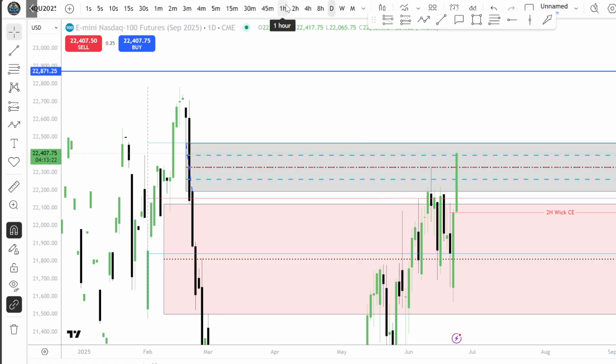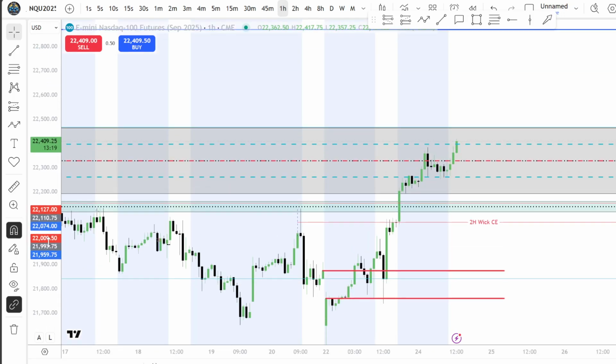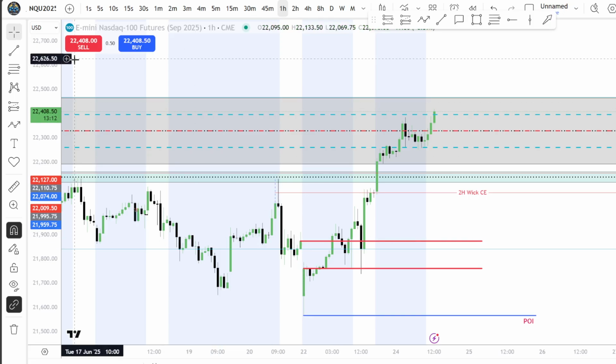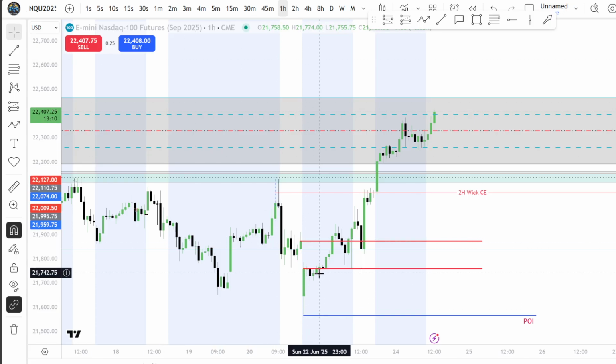So let's get down to the nitty-gritty of this. On the hourly, we see that we use this NVOG, the NVOG of this week, as a catalyst to take us up to this fair value gap.